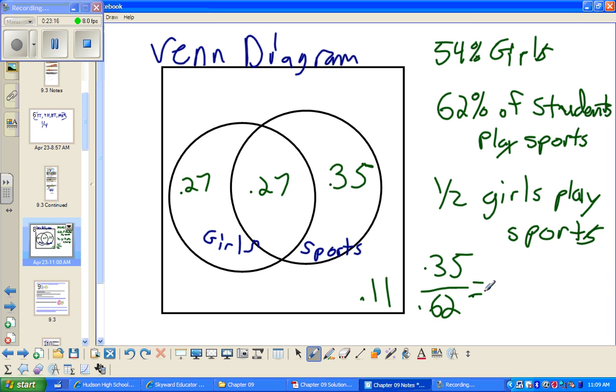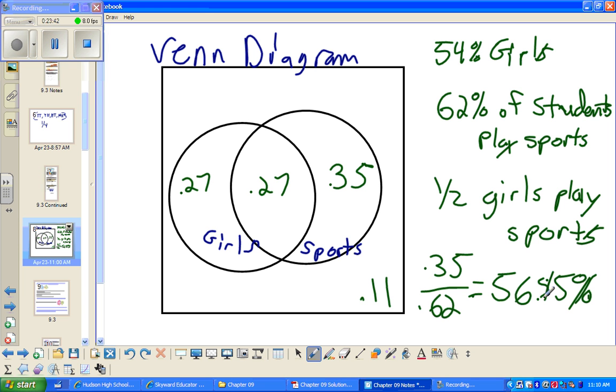If you divide that out, that would equal about 56.45%, which means 56.45% of students who play sports are boys.